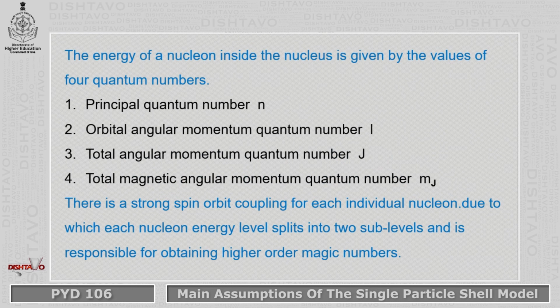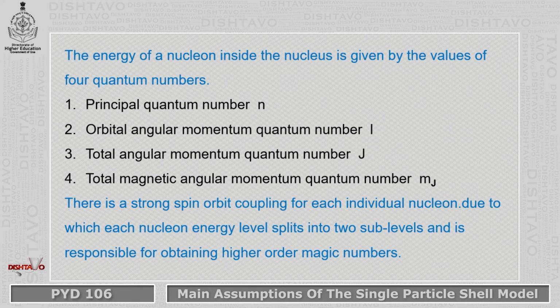The energy of a nucleon inside the nucleus is given by the values of 4 quantum numbers. First, quantum number n, which is called the principal quantum number. Second, quantum number l, which is the orbital angular momentum quantum number.